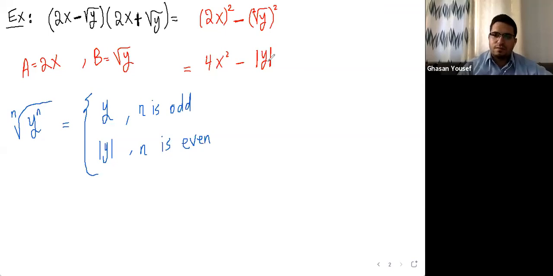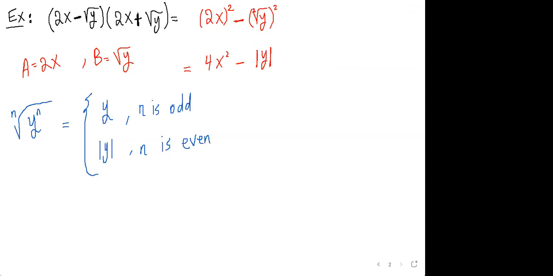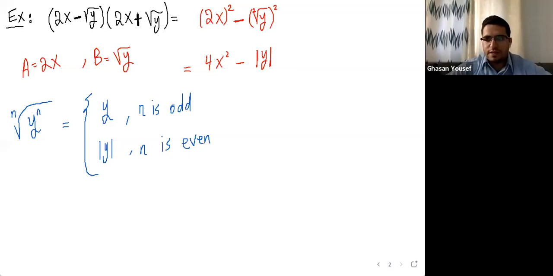Make sense? Isn't it because the answer could be positive or negative? That's why you do absolute value. No, it's not because of positive or negative, it's because n is even or n is odd. The even numbers are 2, 4, 6, 8, 10, 12, 14, and the odd numbers are 3, 5, 7, 9, 11.